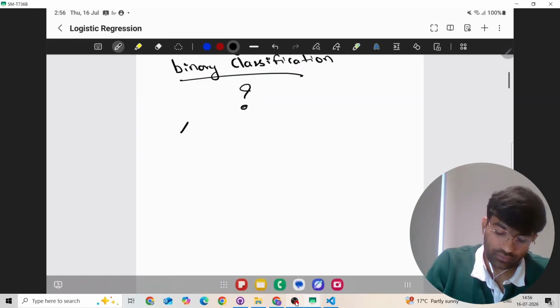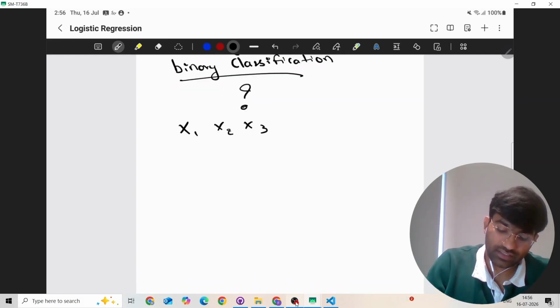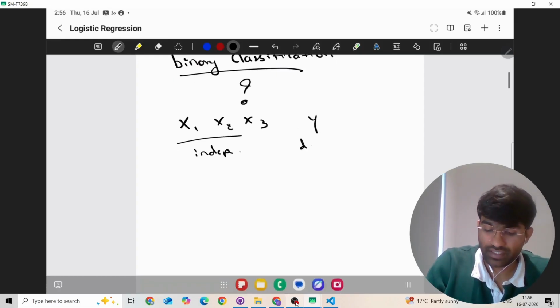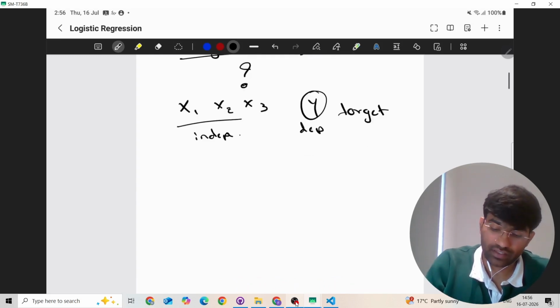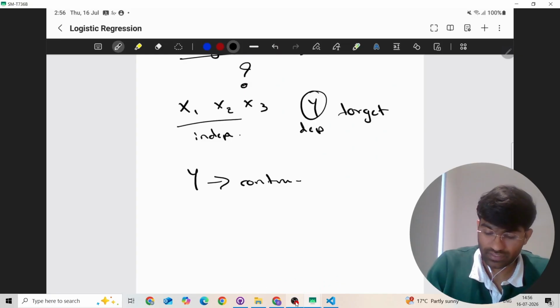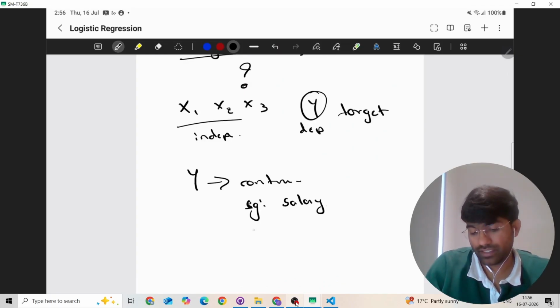We know that we have x1, x2, x3, the independent variables, and the dependent variable or target variable y. If our y is continuous, for example salary, then it is linear regression.